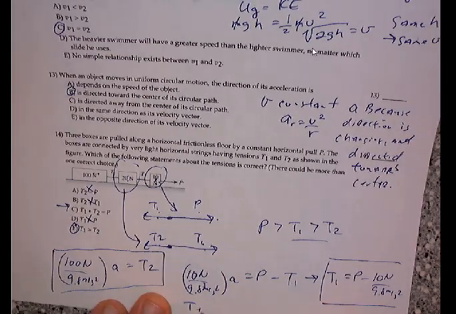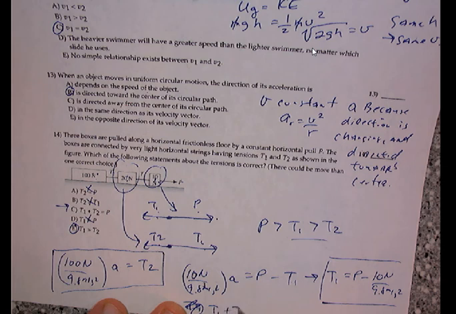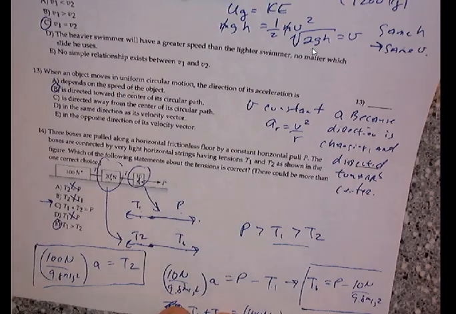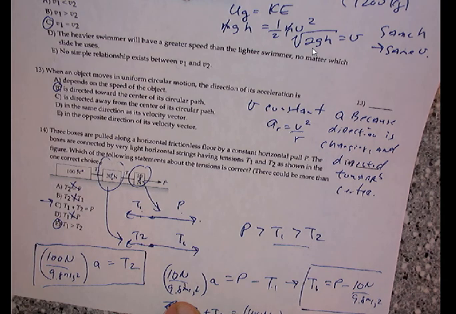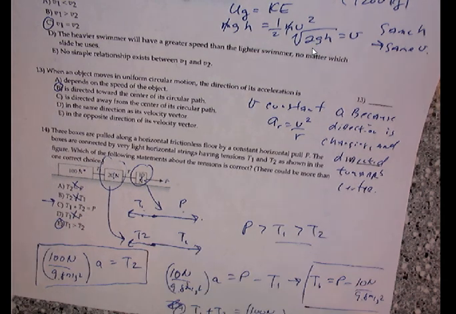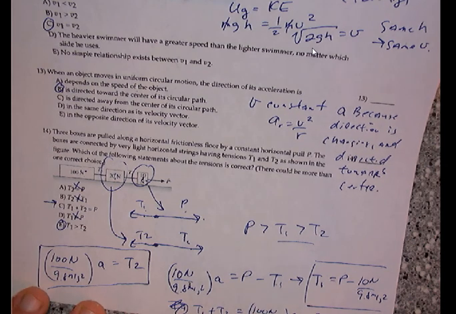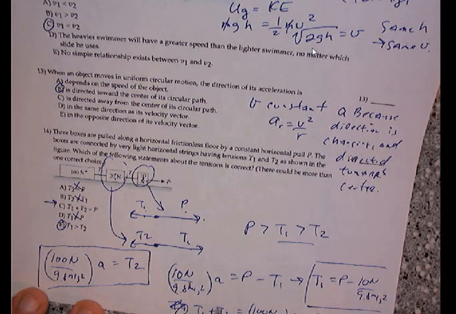T1 plus T2, T2 is 100 newtons divided by 9.8 times A, and T1 would be P minus 10 newtons over 9.8 meters per second squared times A.